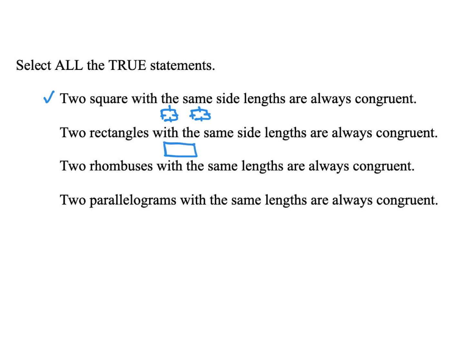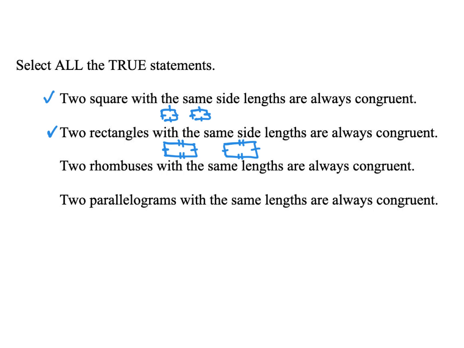Here, I'm going to have two rectangles. Are these going to be always congruent? Yes. Okay, and that really has to do with the 90-degree angle, and then also the opposite sides being equal on a rectangle.